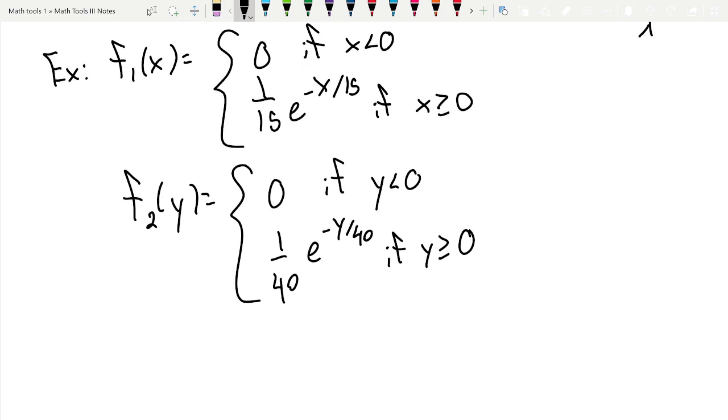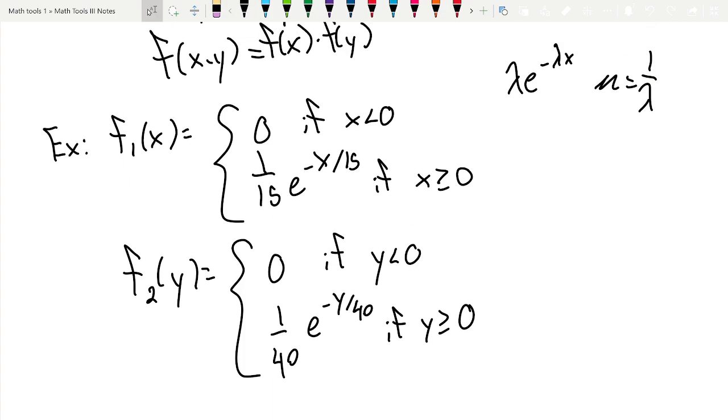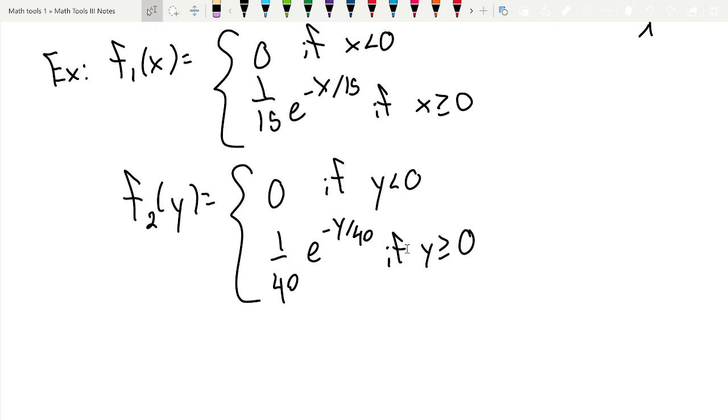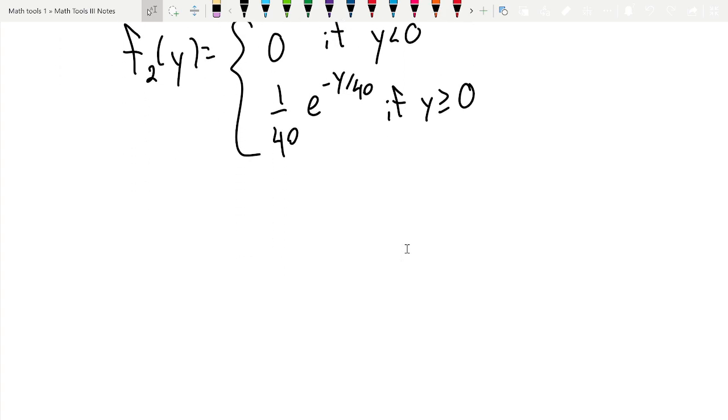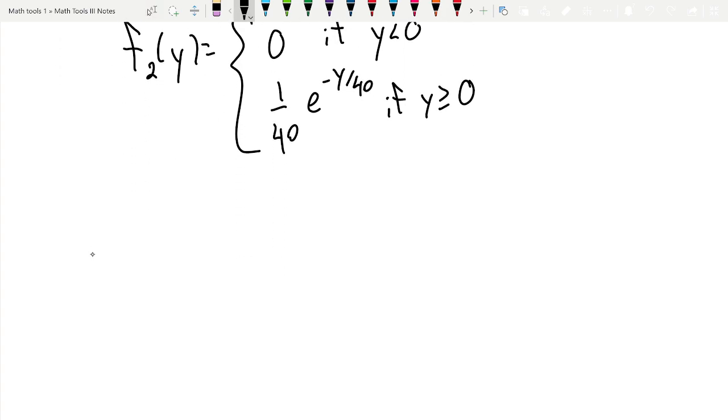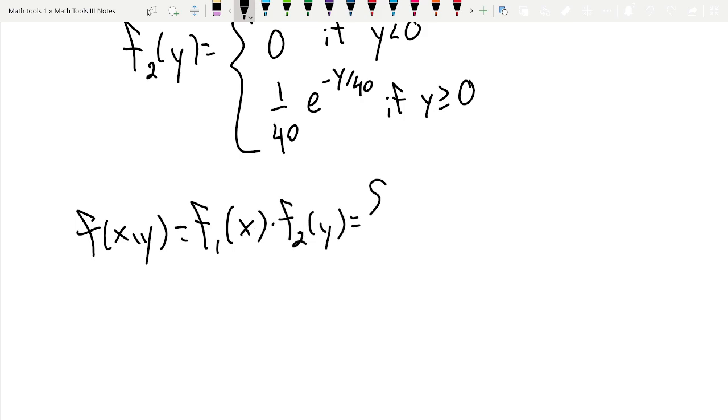So anyway, since we have these two functions, first of all, we could verify that individually they are probability distribution functions, but we can also put them together and then verify that the joint probability distribution function is indeed a distribution function. So if we wanted to model all of this at once, we can make this new function f of xy, which is equal to f1(x) times f2(y).